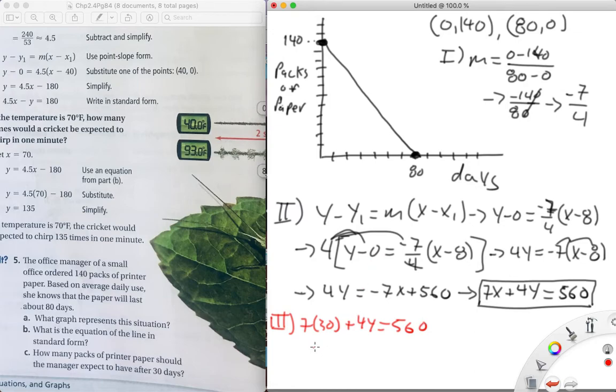So I get 210 plus 4y equals 560. Subtract 210 from both sides, and I get 4y equals 350.